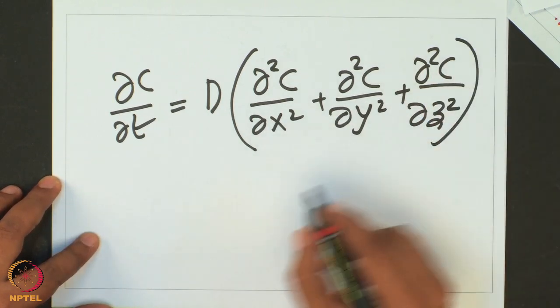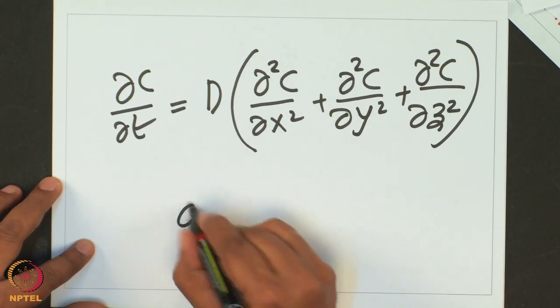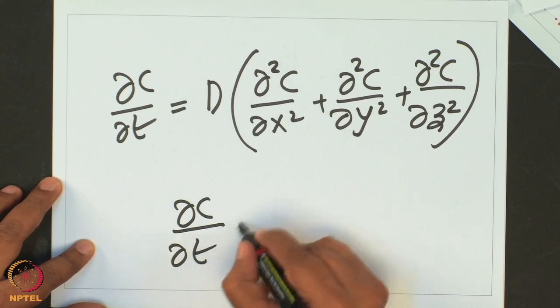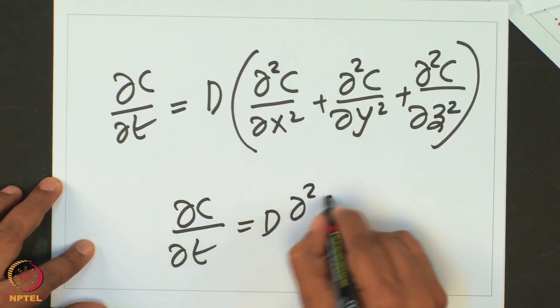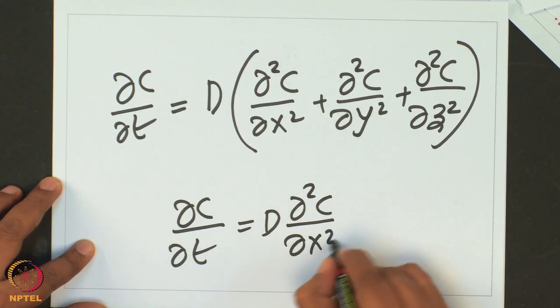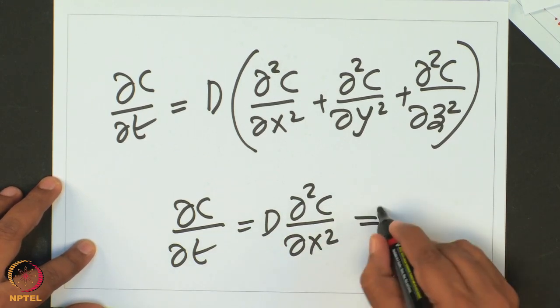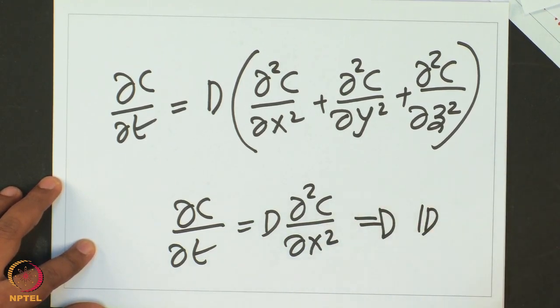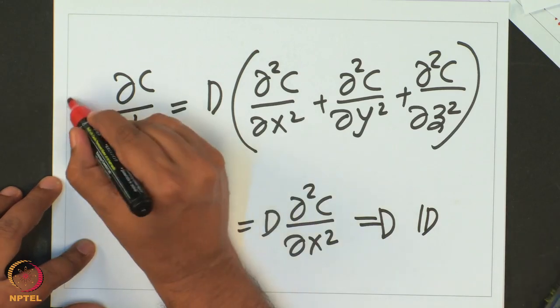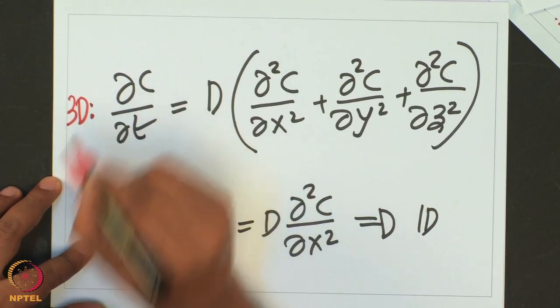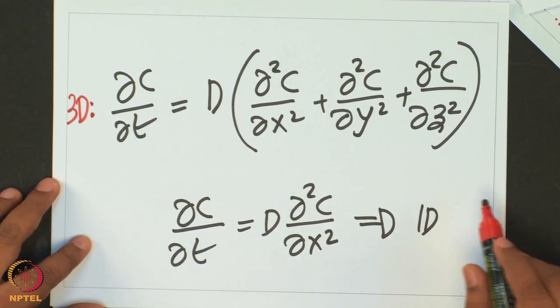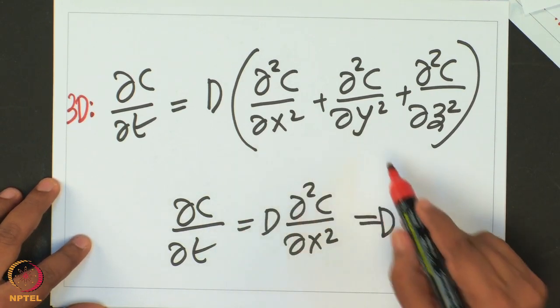This is the equation in 3 dimensions. In 1 dimension it is just ∂C/∂t is equal to D ∂²C/∂x². And in 2 dimensions there will be only 2 terms.